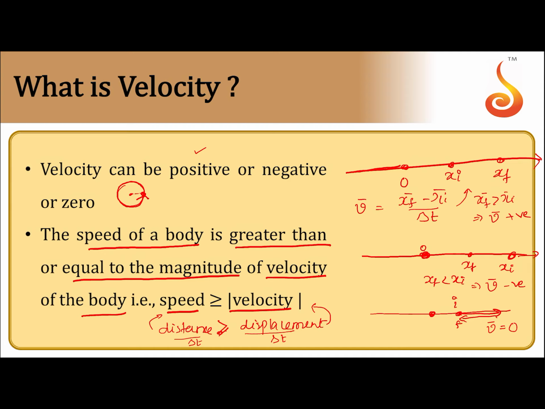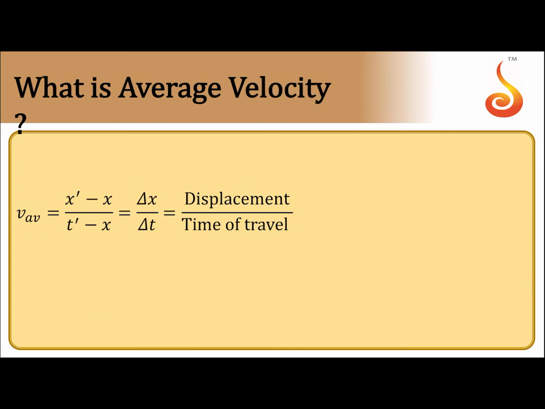Many a times, in order to represent this velocity, we consider what is called average velocity. So how do I calculate the average velocity? To consider it, let's assume that this is the origin, and let's also assume that this is the initial position and this is the final position, and I don't know what is happening in between, whether the particle is moving with constant velocity or varying velocity.